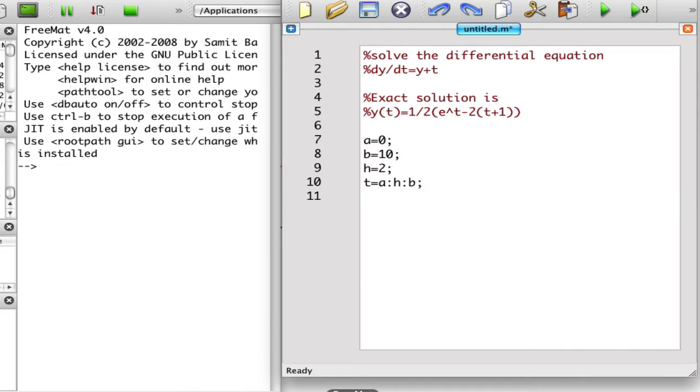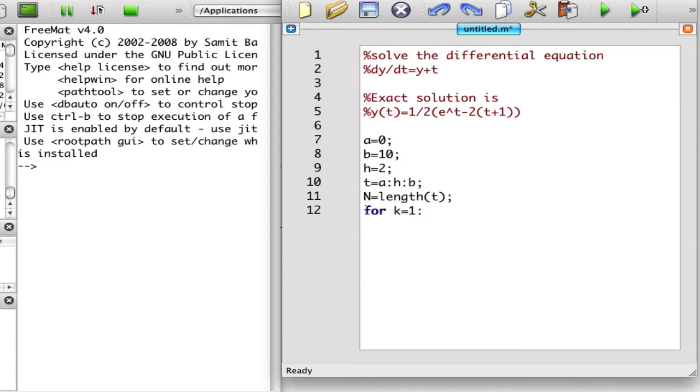Okay, so let's put that in. This is no problem. So make a loop for k from 1 to how many? 5. Okay, let's make n the length of t. What will that do? What is t? Yeah, t is the time values.